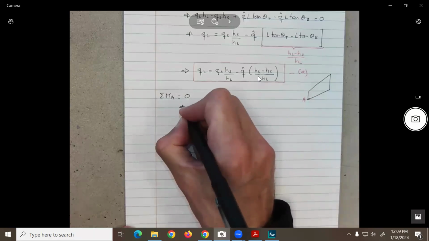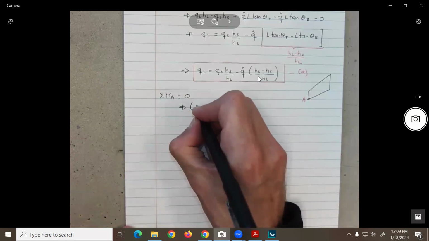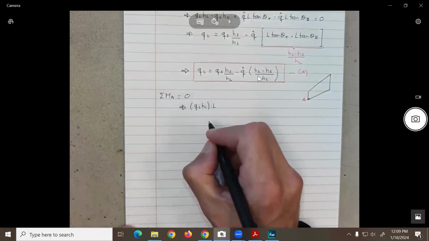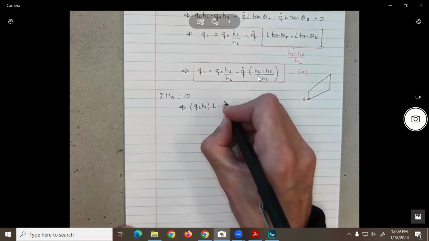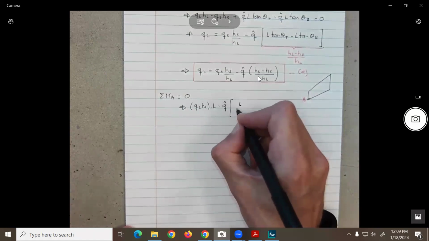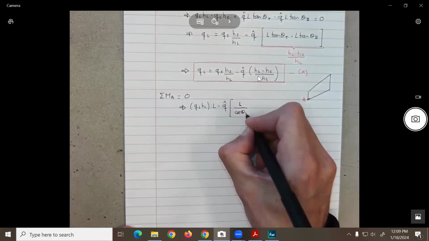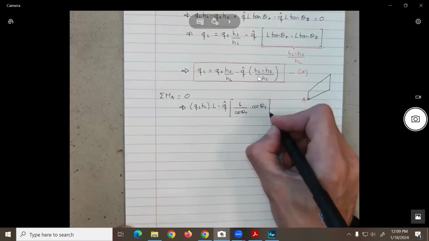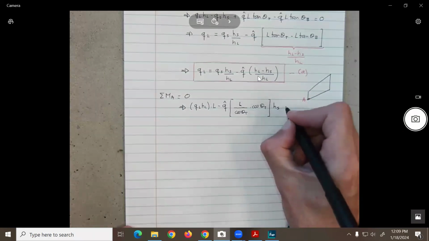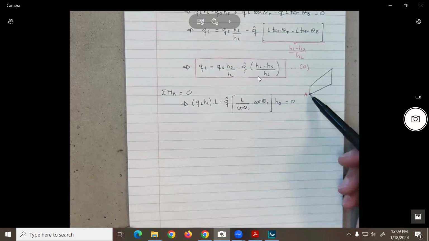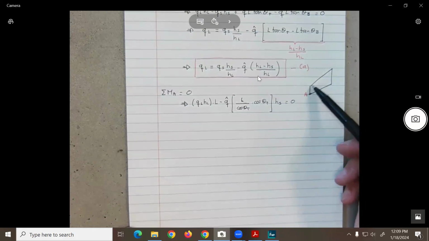This is going to give us Q sub L H sub L times L minus Q hat times L over cosine theta top times cosine theta top H sub S. So basically, just to explain very quickly, if you go about point A, you neglect the shear flow going through this H and this H. So you only have two terms, this one and this one.